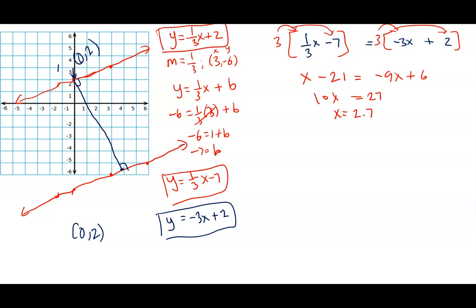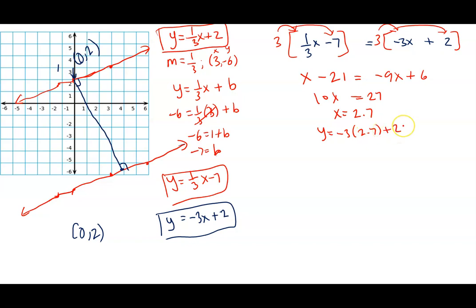Now, for the y value, it doesn't really matter which equation I choose, because the y value for both is the same since it's a point of intersection. So I'm going to use the second equation. It looks a little bit easier. So that's going to be y = -3x + 2, and we know that x is 2.7.